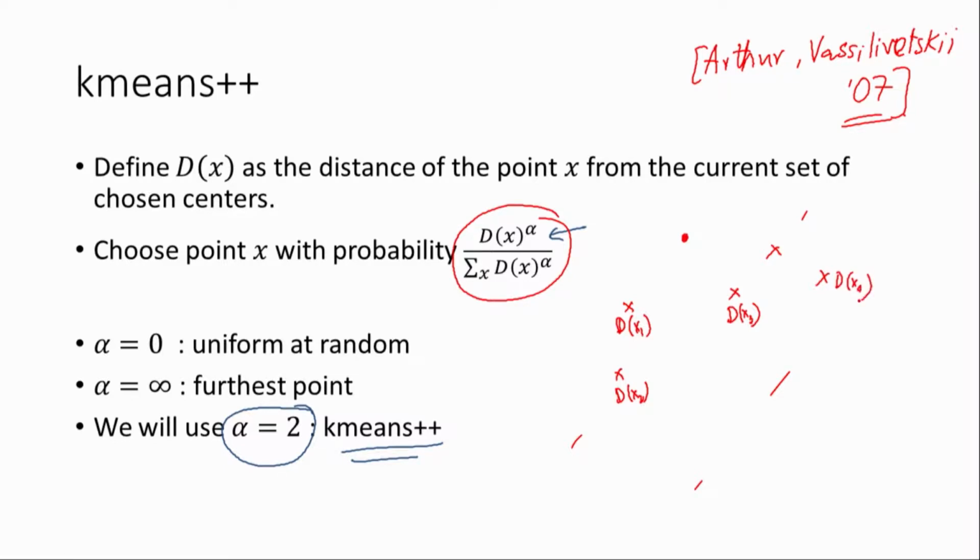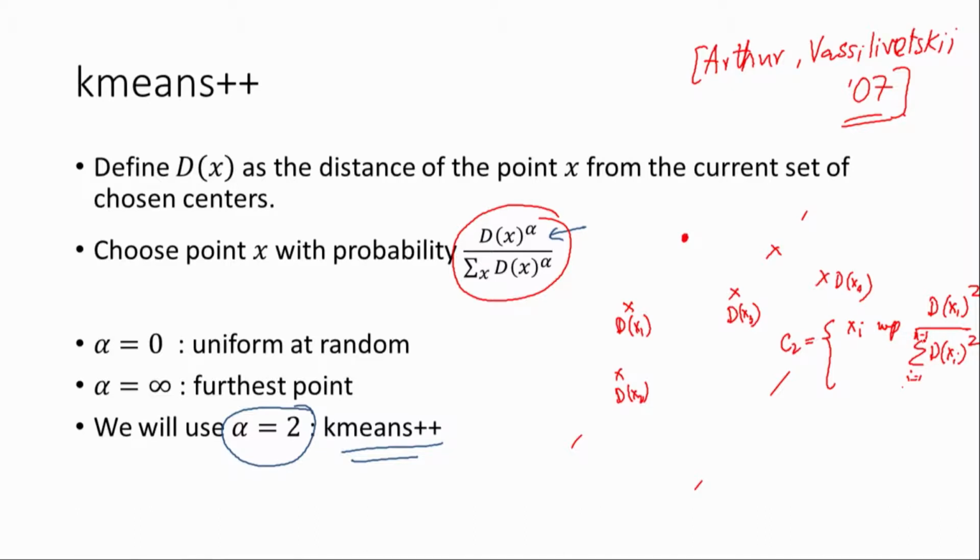Then for the next center, C2 becomes xi with probability d of xi squared divided by the summation of d of xi squared, i equal to 1 to n minus 1, however many points there are at this point. Right? So it's this. That's fairly easy, it's possible to calculate this.